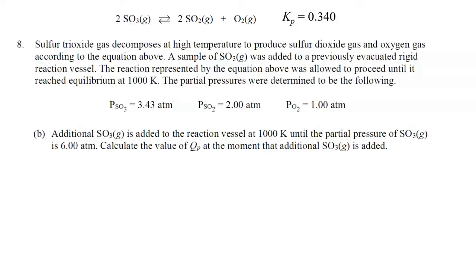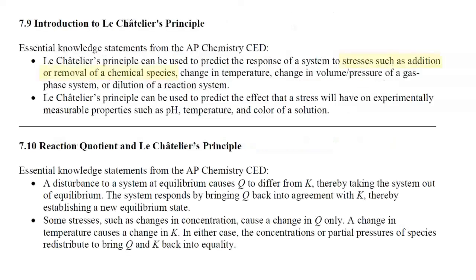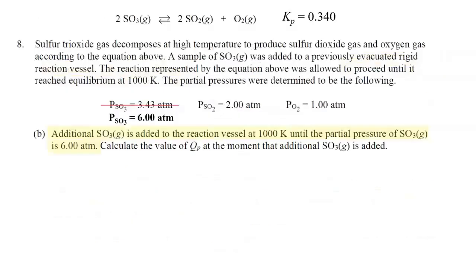It's not 3.43 atmospheres anymore. It's now 6 atmospheres. Again, Le Chatelier's principle focuses on what happens to the system in response to a stress such as addition or removal of a chemical species. And so a chemical species was just added to the system to cause a stress or a disturbance.